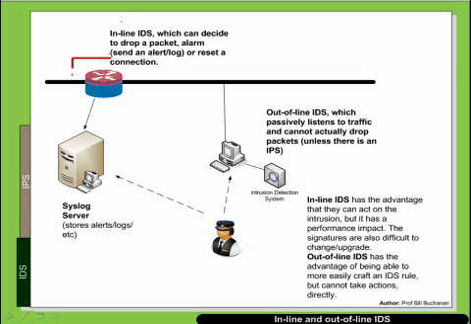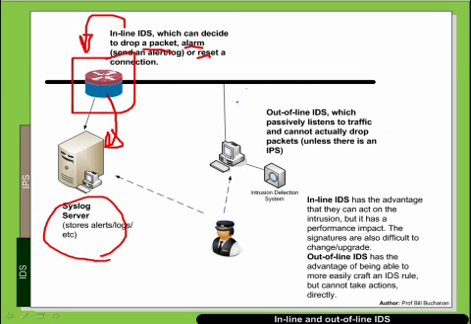In this case, we can have a device, in this case a Cisco firewall, and the IDS can actually run in the device. So then it can either drop a packet which it thinks is malicious, cause an alarm, or actually reset the connection. You can also have an associated syslog server where alerts and logs are actually stored.